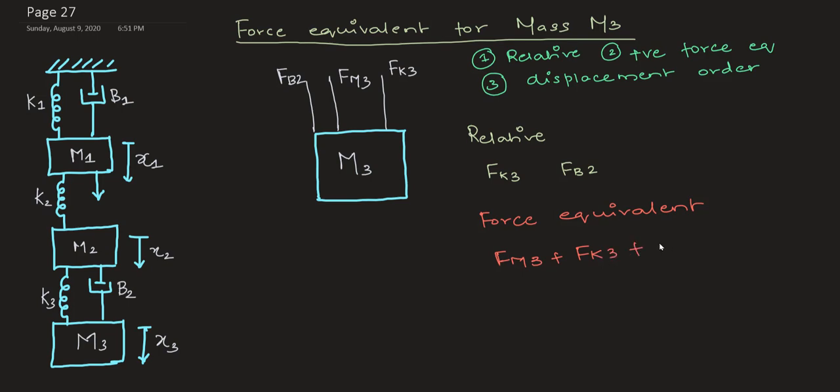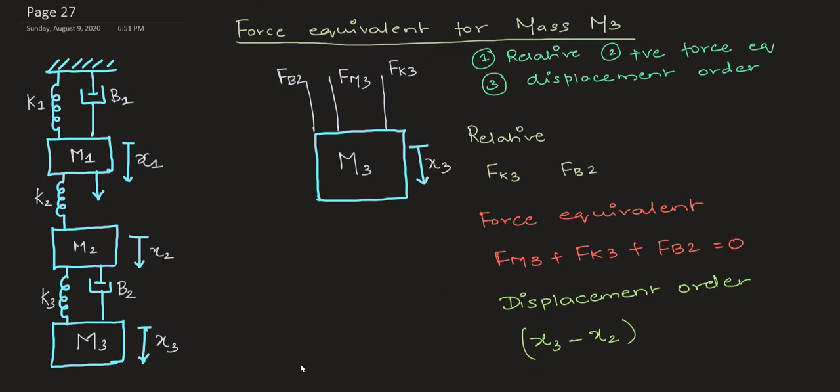The force equivalent equation is Fm3 plus Fk3 plus Fb2 equal to 0, and your relative displacement for K3 and B2 is going to be x3 minus x2. So x3 comes first because the isolated mass M3's displacement is x3, and that comes first.